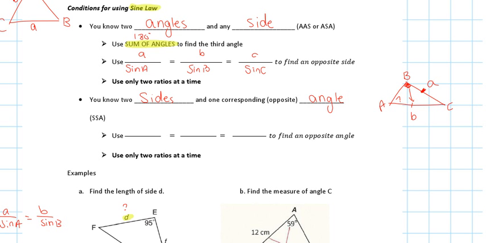Okay? So in this case, I'm solving for an angle. What happens is when I'm solving for an angle, these switch. So it becomes sine A over A equal to sine B over B equal to sine C over C. Okay, so this is when I'm looking for an angle.